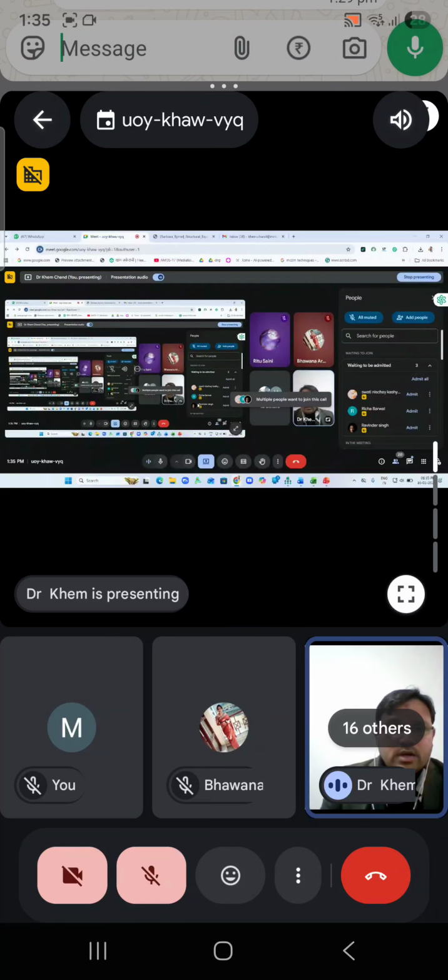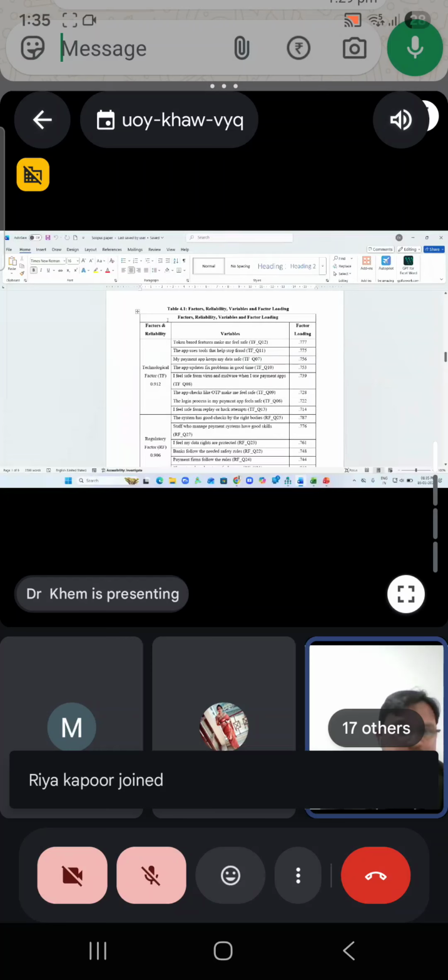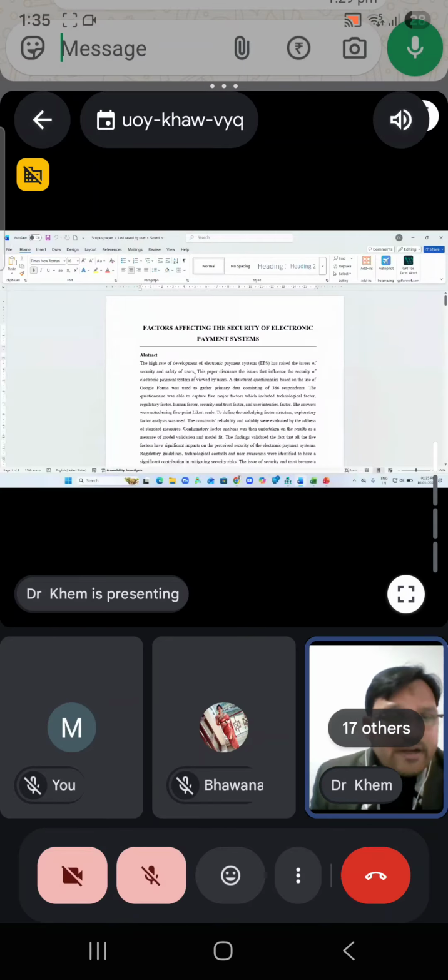So we are talking about why we apply factor analysis. We have to find out the factors affecting the security of electronic payment systems.